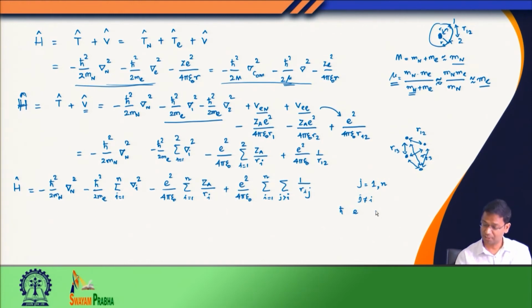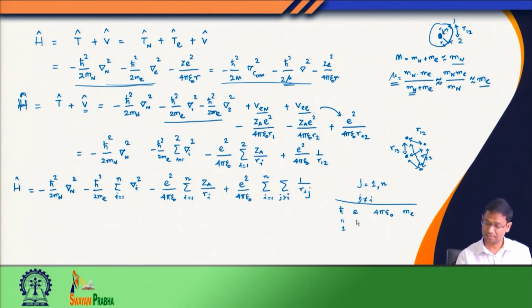This 4 pi epsilon 0 also comes too often. And we have the mass of the electron. The mass of the nucleus comes once, but the mass of the electron comes a number of times. So these terms appear quite frequently.